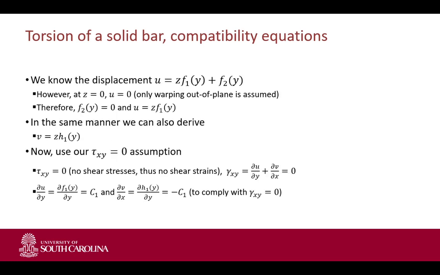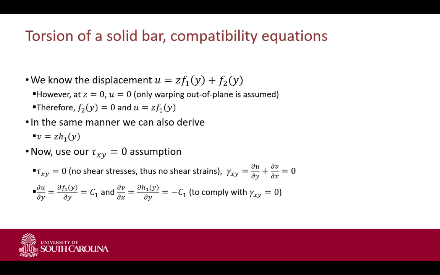So now we have a method to describe our displacement in u. U is z times function 1 plus function 2, and the two functions are dependent on y only.